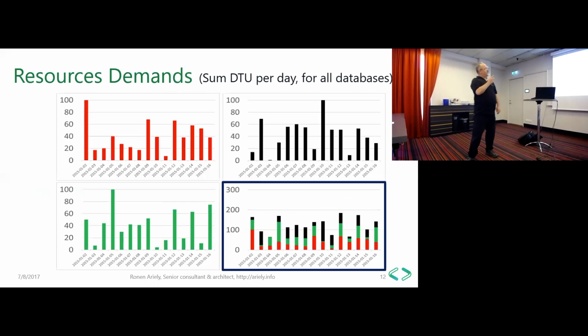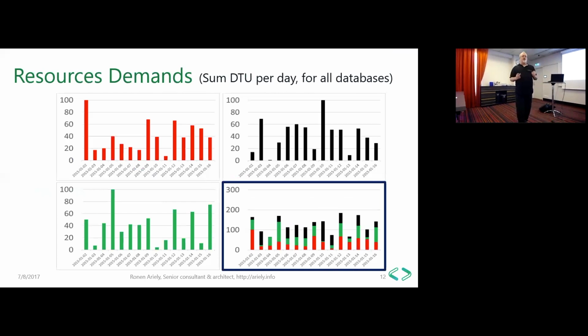But now check this graph. This is the total amount of DTU that we are using from all those 3 databases, simple math of the other graphs. And you can notice that, in fact, we do not use more than 200 resource units in this example, because yes, we have a peak of 100 DTU in each database, but not at the same time.